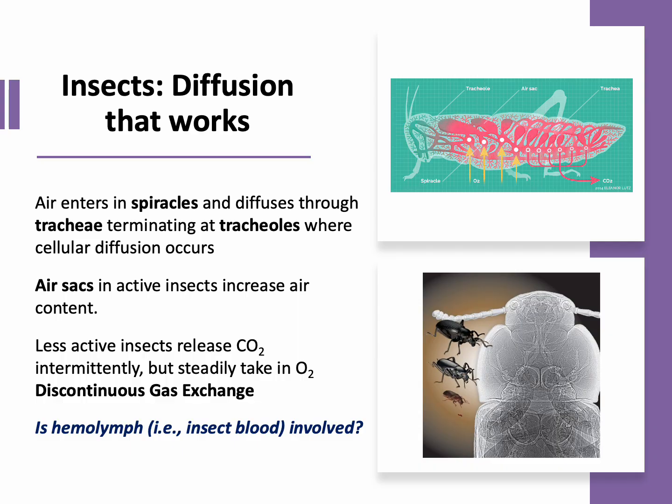And what happens is these spiracles will open up, air will rush in, and then go through a network of trachea. And the trachea are kind of like our lungs. We have a trachea too. That's our windpipe. But then our windpipe branches into bronchi and bronchioles and gets down to very small tubes.